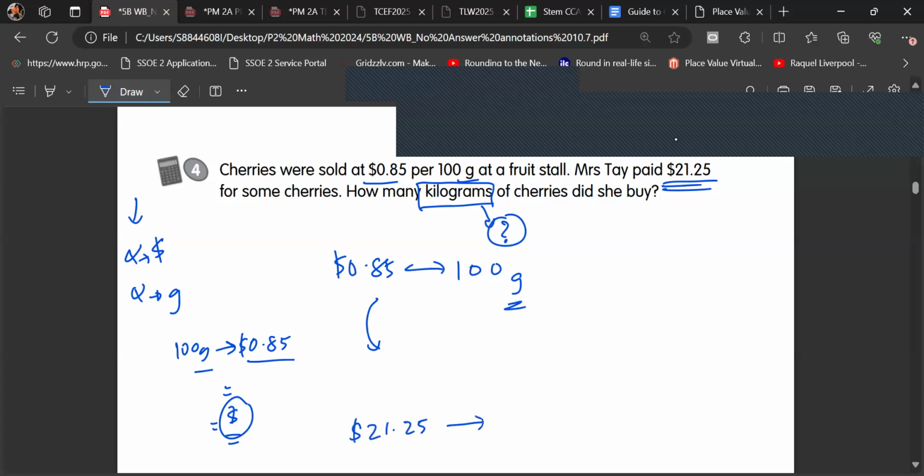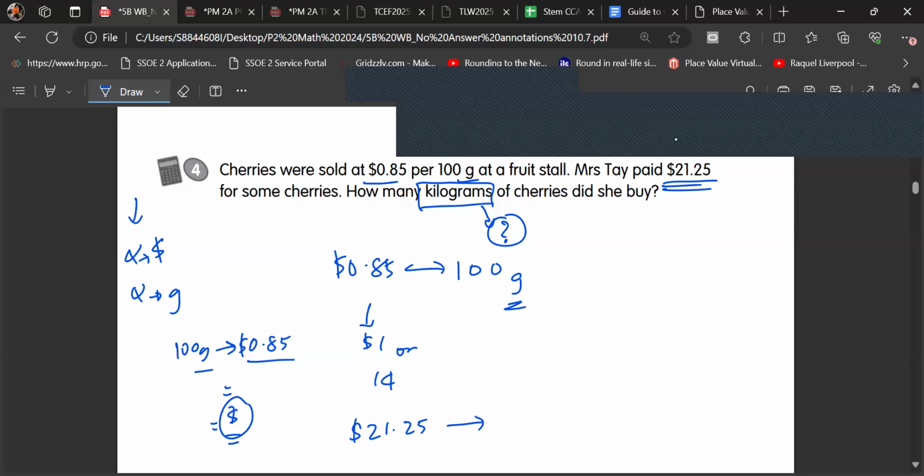So I will go with, from here, I need to go to, $21.25 gives me how many grams? So from 0.85 to, you can do it that way, or you can do it as $1. Also can, but the division is different.